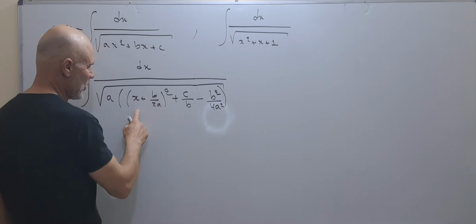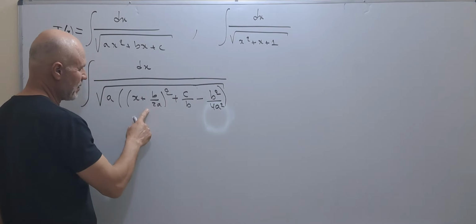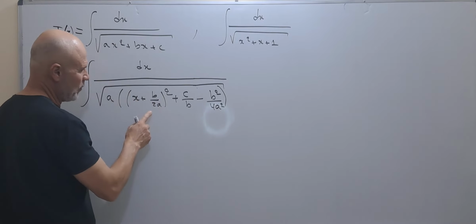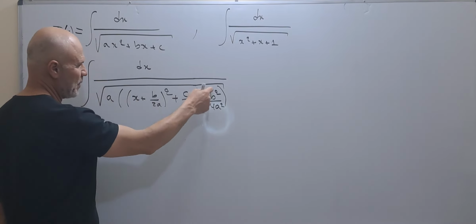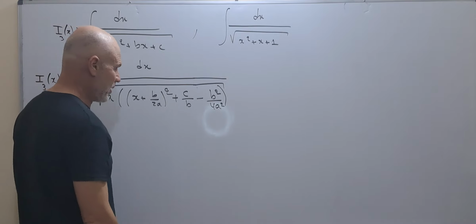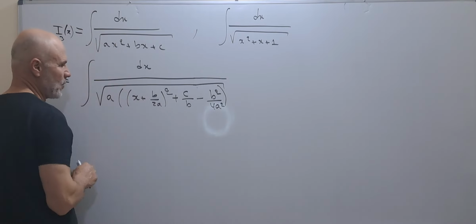Here we have x squared plus b over a x plus b squared over 4a squared, so minus b squared over 4a squared to get exactly this one.